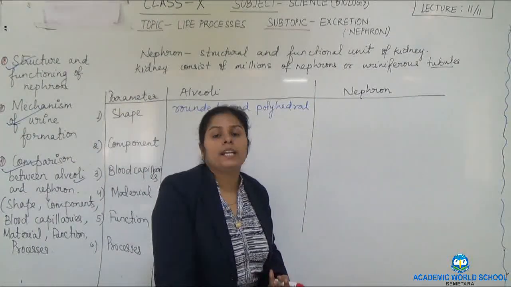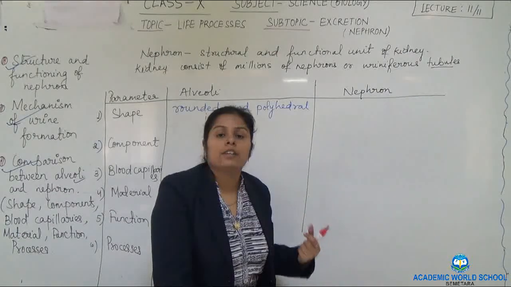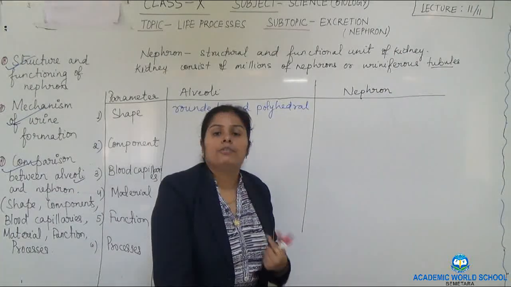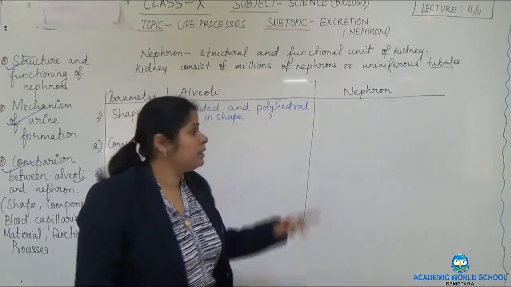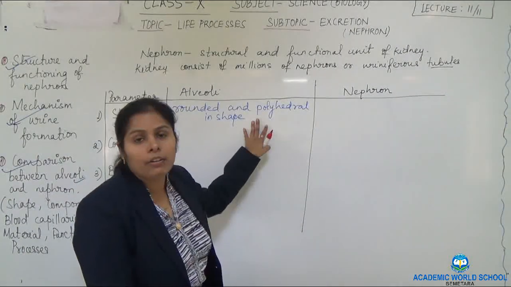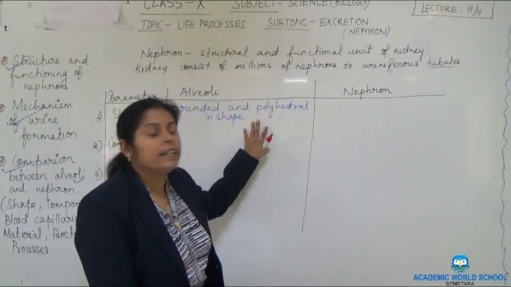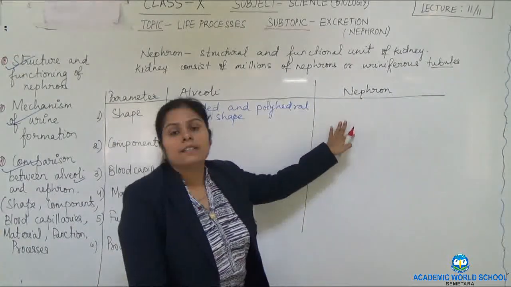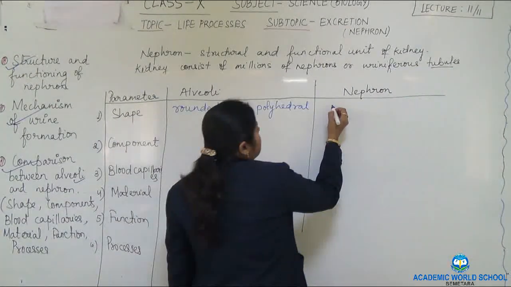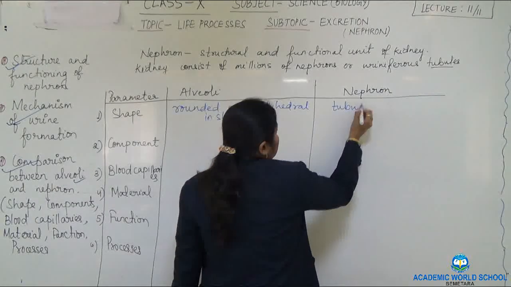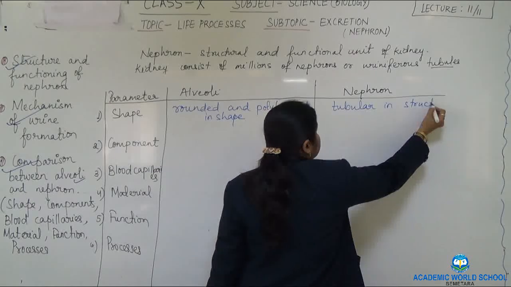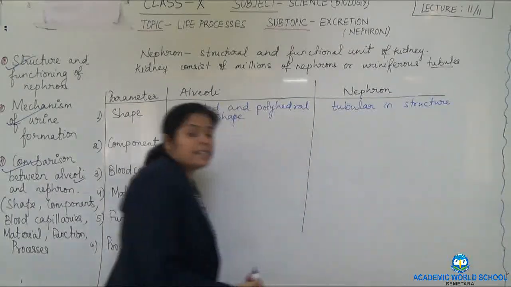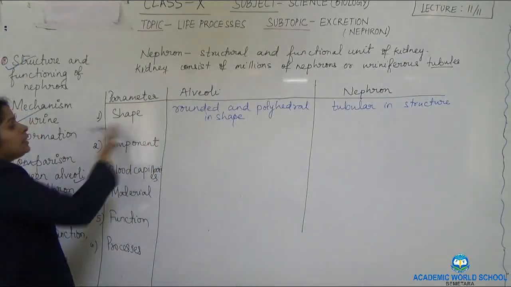It consists mainly of tube-like structures: proximal convoluted tubule, loop of Henle, distal convoluted tubule, collecting duct. So alveoli is polyhedral or rounded in shape, while nephron consists of tubules. It is tubular in structure. This is how we can differentiate the shape.